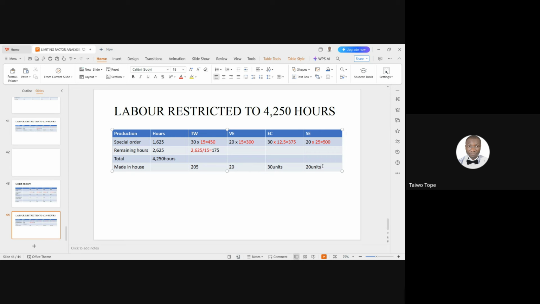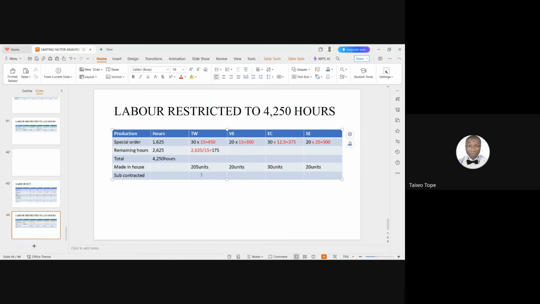So in this case, we need to produce everything, but our limitation is hours. So we can only produce this in-house. The remaining balance should be subcontracted.